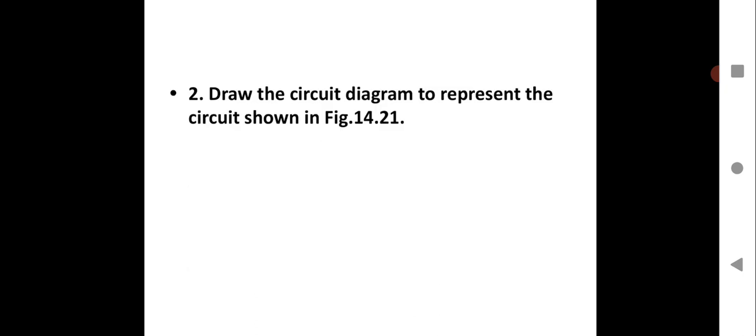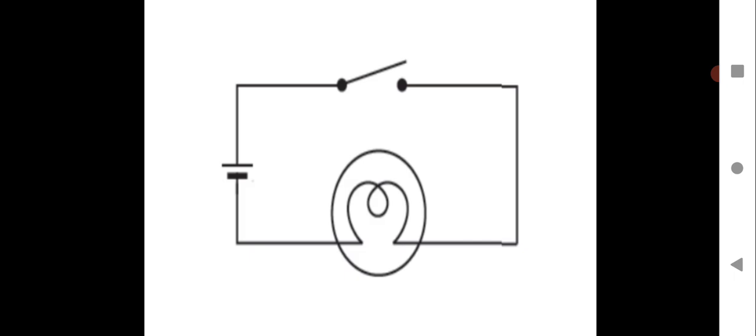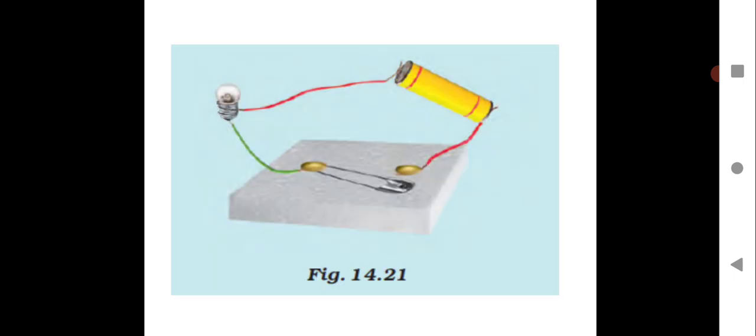Then draw the circuit diagram to represent the circuit shown in figure 14.21. So here you have the circuit, and this is the question actually. You have to draw the circuit diagram, where you will show the key, that is a switch, and here it is shown by a safety pin, where you can put it on and off by connecting to it.